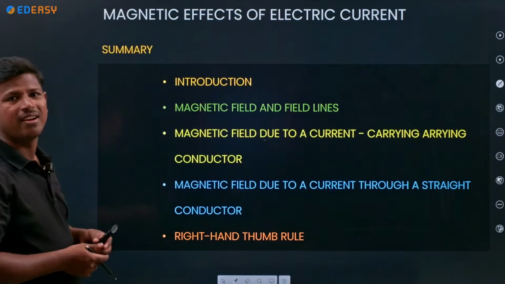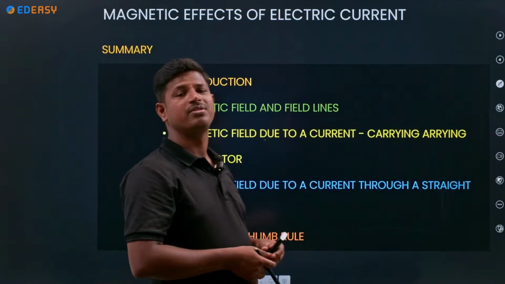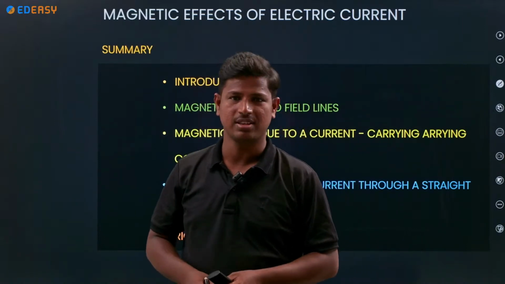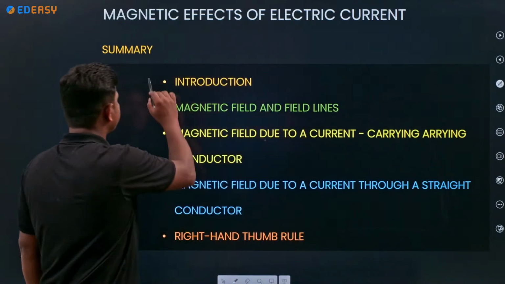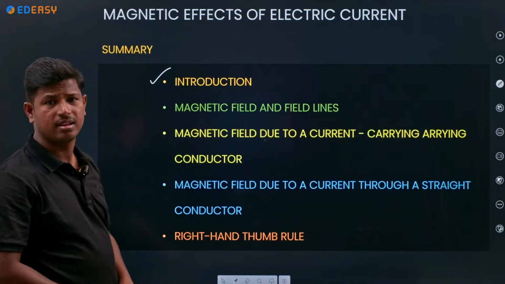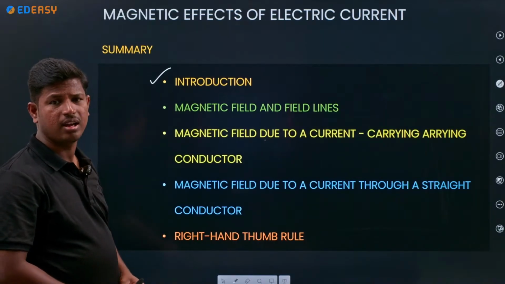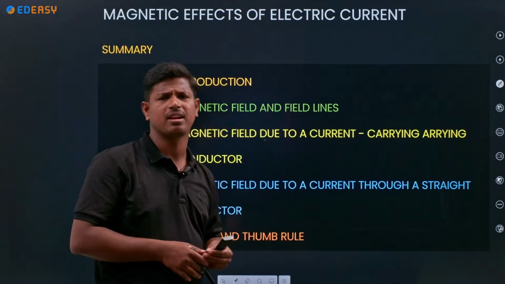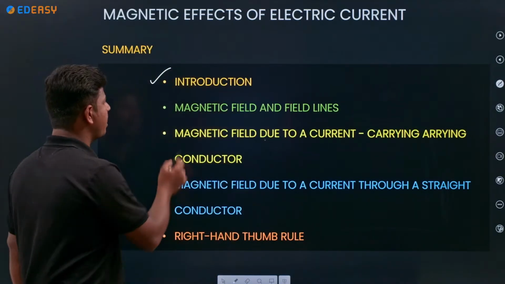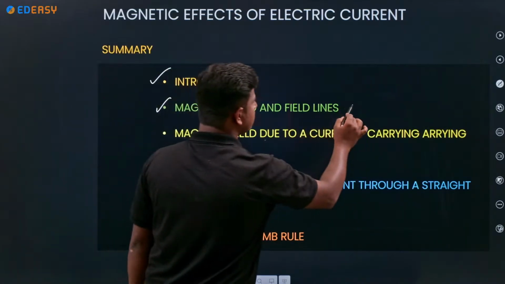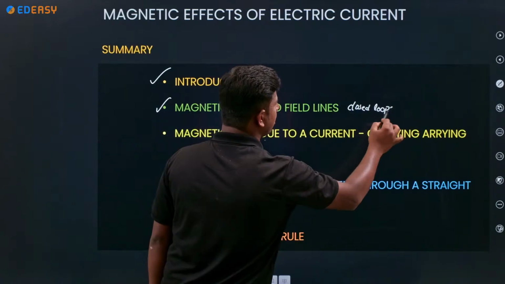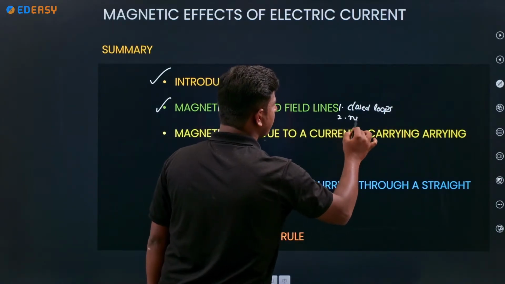Next, we finally reached the end of this section. Let us recapitulate very quickly what we discussed in today's session. Introduction of magnets and electric current. Relation between electricity and magnet: where electricity is there, obviously magnet is also there. Next, magnetic field lines always form closed loops and never intersect.